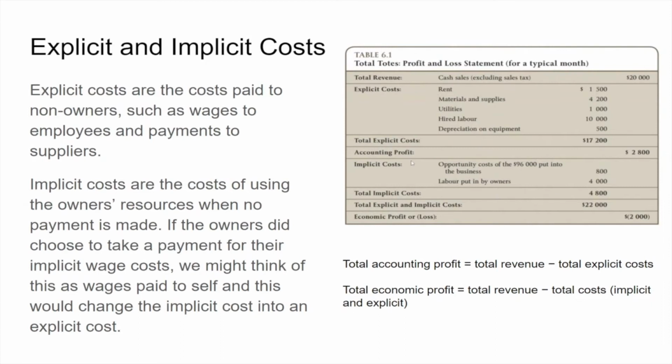So the implicit costs really refer to the opportunity costs that you forgo by starting a business, okay? So any firm that's out there, regardless, has to make enough money, more than just an accounting profit. It has to make enough money to make it worthwhile for the owners to stay at it.